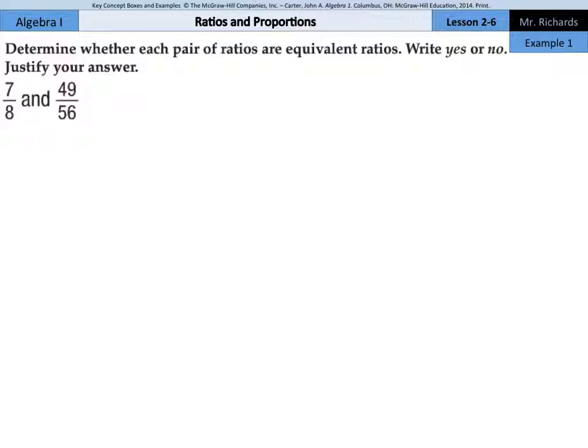What we're going to use today are cross products. And so I'm going to look at the cross product here of 7 times 56, and I need to determine, is that equal to the cross product of 8 times 49?